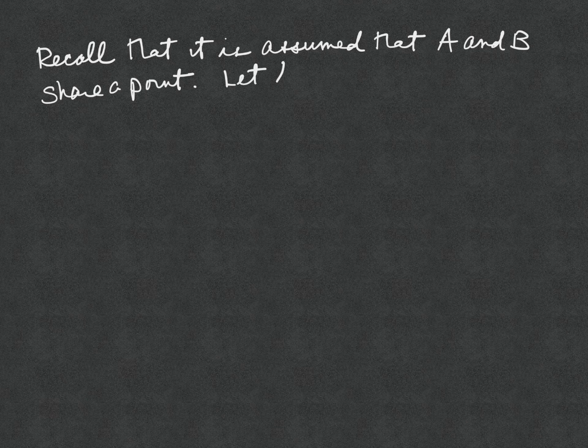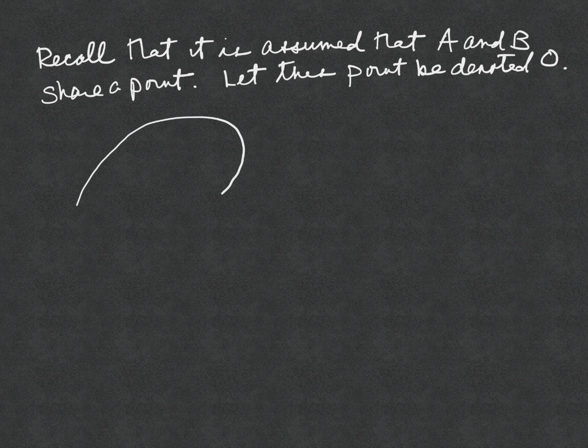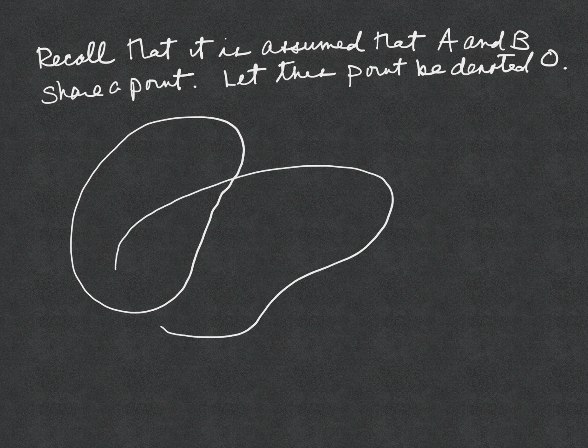Let this point be O. So here's frame A, and here's frame B. And there's a point O, which is common to both frame A and B. So what I mean by that is that O is fixed in A and B. Now I have a vector. This vector is just an arbitrary vector, B.